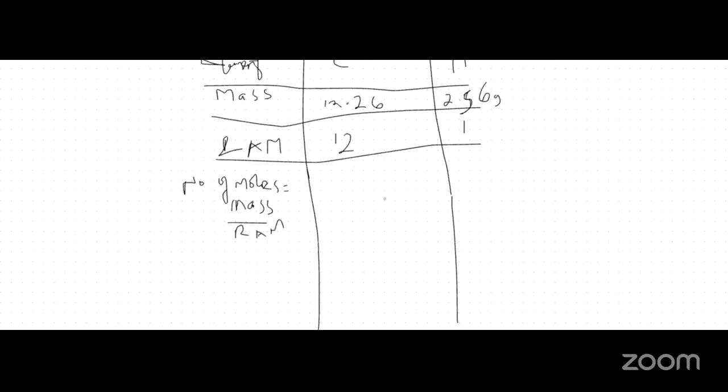So now the mass of carbon, you now do 12.26 over 12. And then you have 2.56 grams over 1. That is the number of moles. So let me just do another line. So we are fine up to there. So what is 12.26 divided by 12?